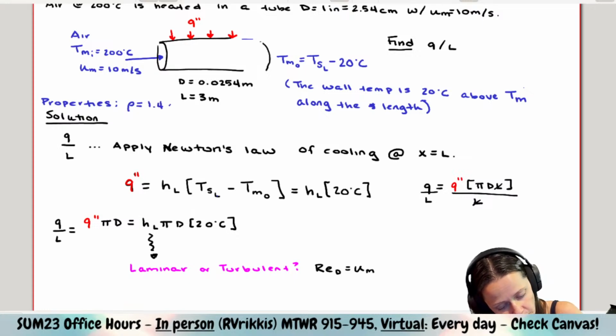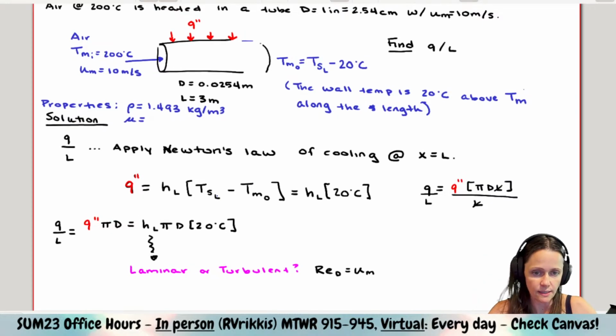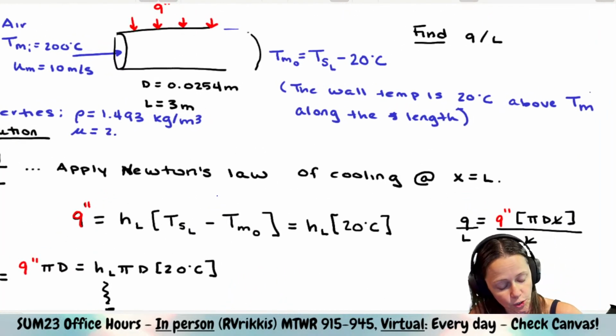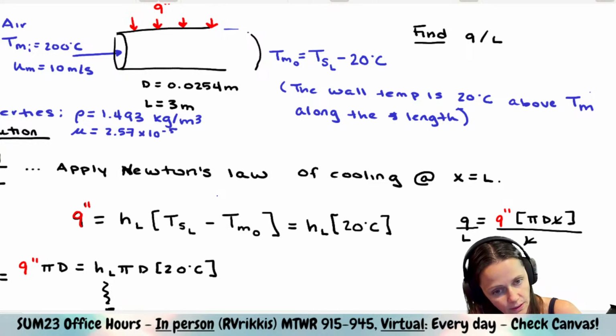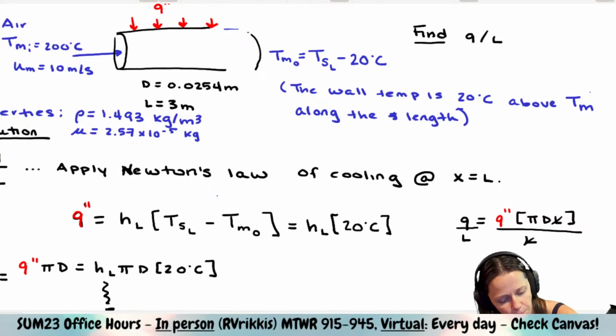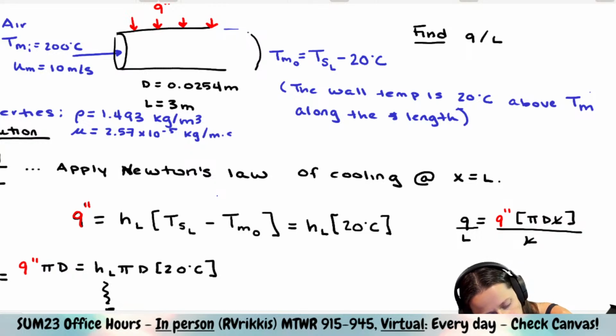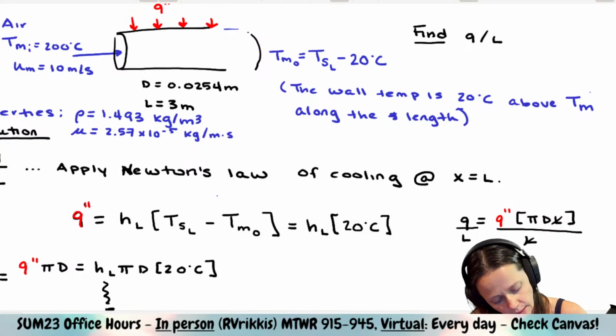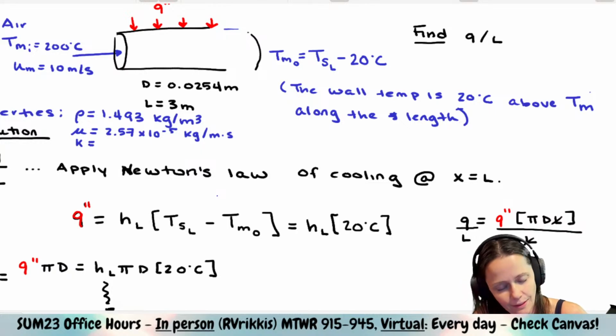I'm going to give you a density, 1.493 kilograms per meter cubed. I'll give you a dynamic viscosity, 2.57 times 10 to the negative 5 kilogram per meter second. I guess we got rid of those English units, didn't we?